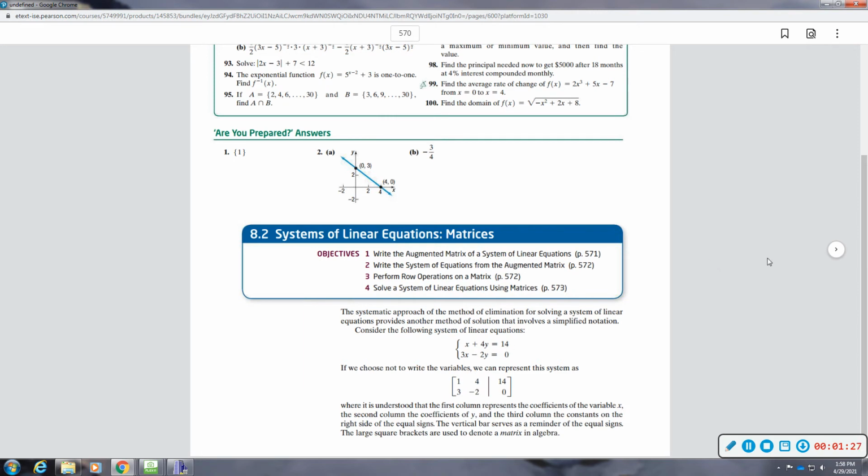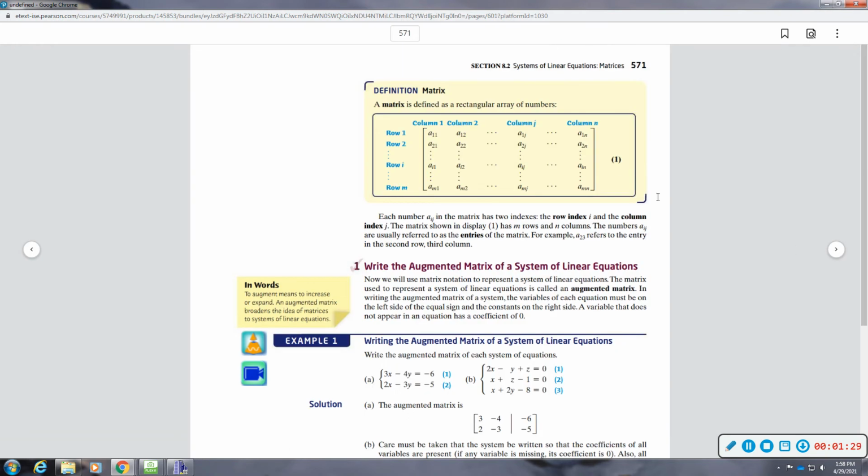So as we go on, this is just a definition of what a matrix is, identified by rows going across and columns aligned vertically. They are given indices labeled by i and j, and you can refer to any row or any column given the proper notation.